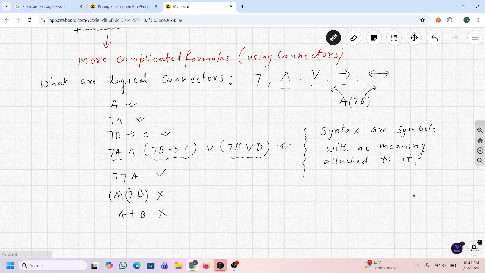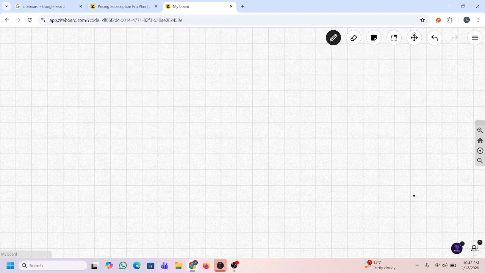And the job of semantics is to assign meaning to syntax, or to symbols.